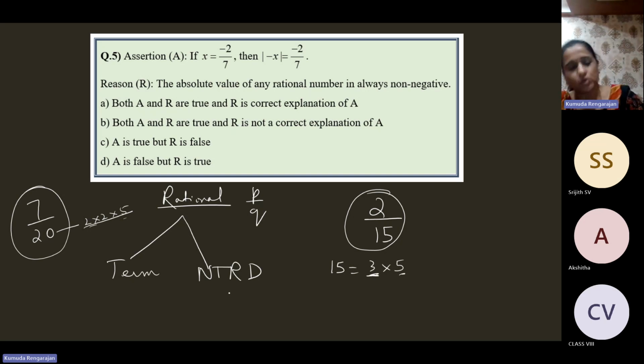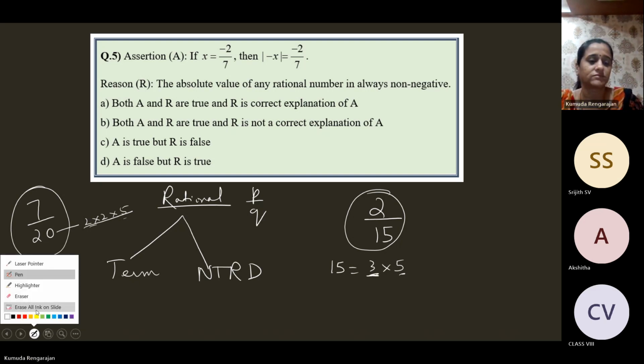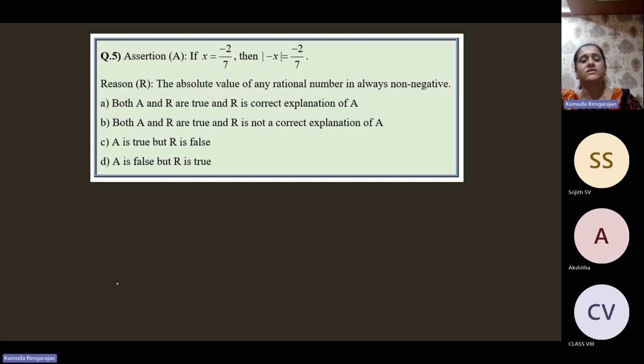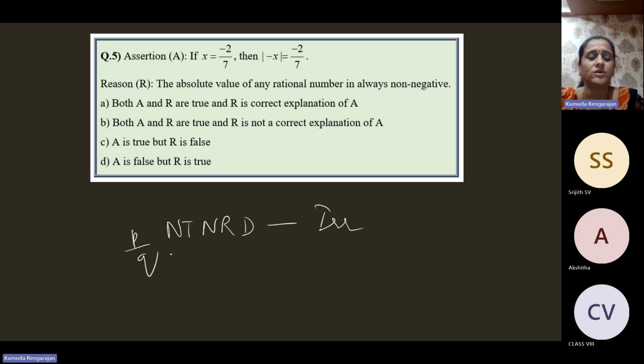So when you look at the fraction, you can say if that P by Q will have a terminating or a non-terminating repeating decimal. The third type of decimal expansion is non-terminating, non-repeating, which does not have a P by Q form and is called an irrational number.